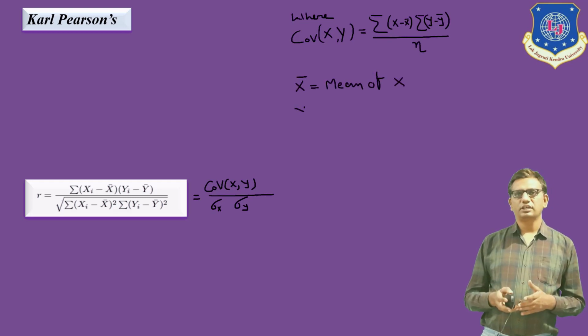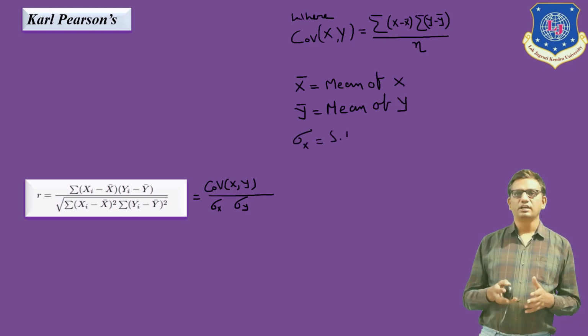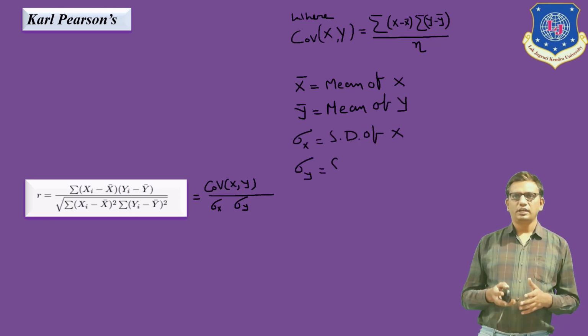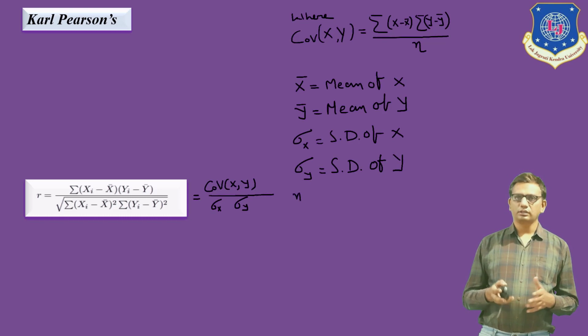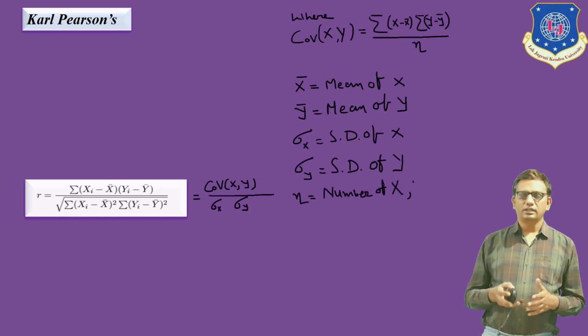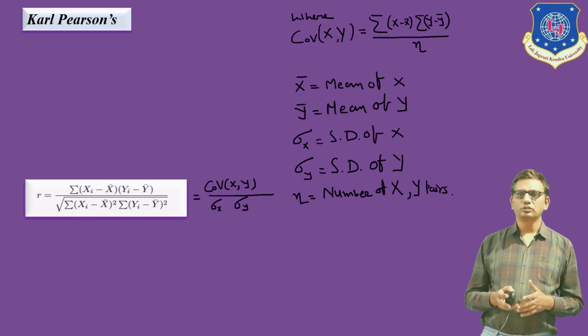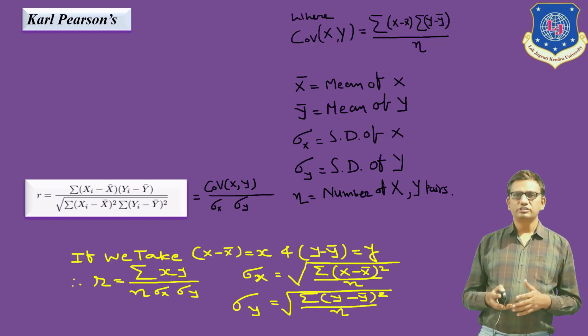Here correlation can be calculated like this: sigma of x minus x bar into y minus y bar, upon n. X bar is the mean of x values, y bar is the mean of y, sigma x is the standard deviation of x, and sigma y is the standard deviation of y. Here n is the number of x and y values. So this is another formula to find the correlation between them.